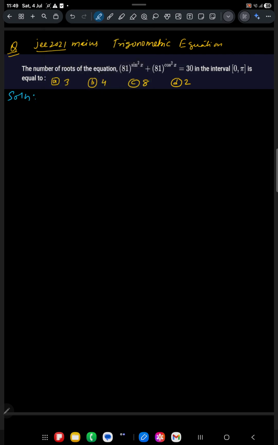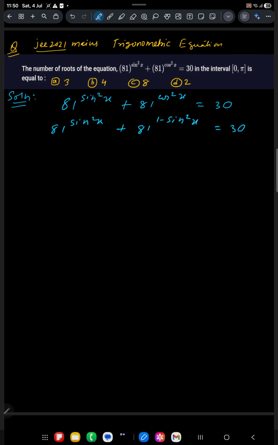Solution. Our equation is 81 raised to the power sin square x plus 81 raised to the power cos square x equal to 30. Now 81 sin square x will be as it is. Cos square x I will write as 1 minus sin square x.